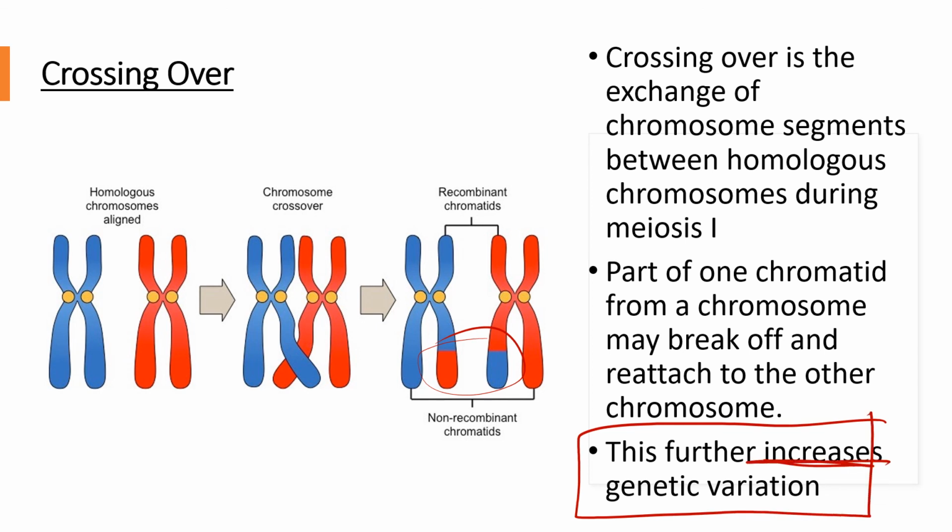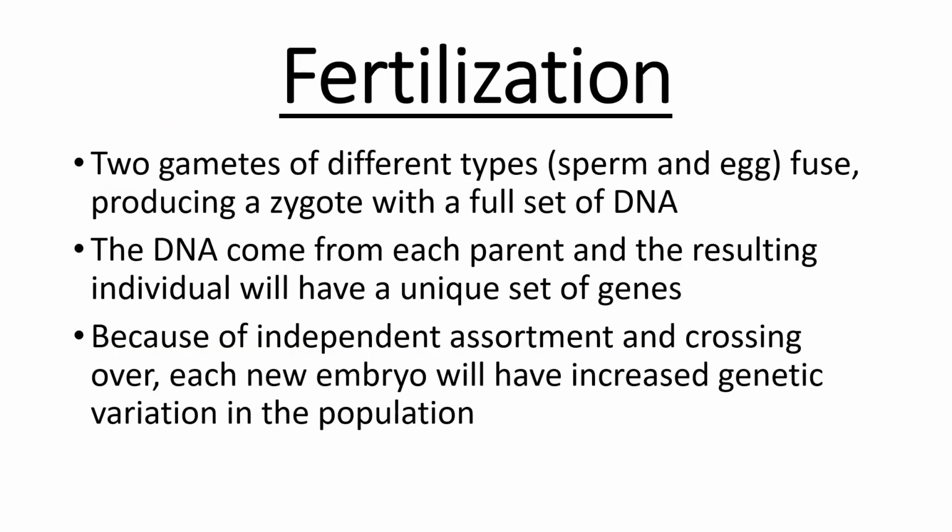So we even get more genetic variation because this entire chromosome came from mom, except this little bit came from dad, and you end up getting that chromosome. So this is something that we more recently discovered, and this is why you can have even more genetic variation. So part of one little chromatid breaks off and adds to another, and this is called crossing over.